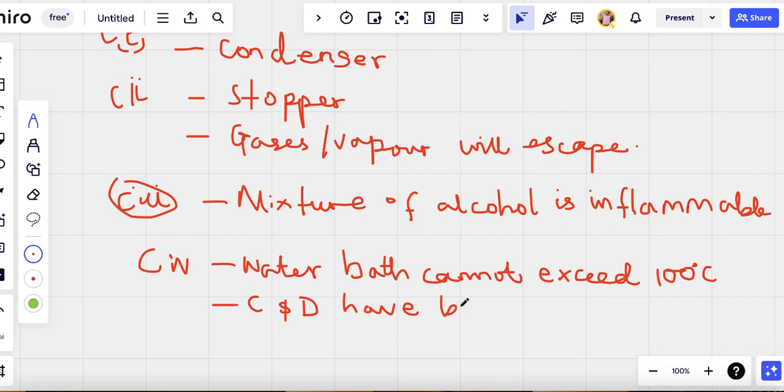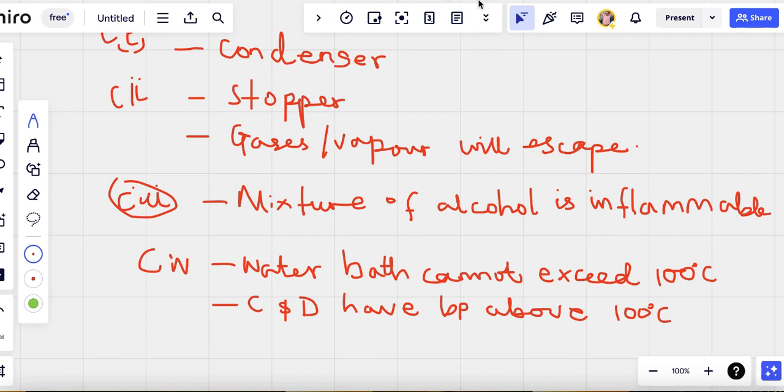I just write BP for boiling point, but in the exam, write it in full. So you get your 2 marks for this C Roman figure 4.